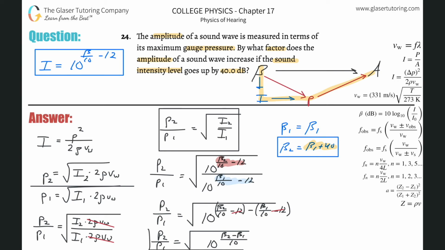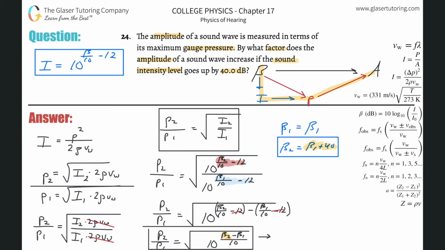So notice here I'm going to do my substitution. I could have done it before too, but I figured this might be easier to do this way. Going back to my equation here, I'm going to substitute the beta 1 plus 40 in for the beta 2.